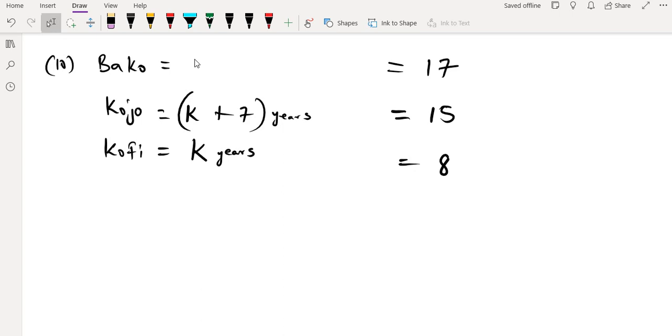How old will be Bako? Say it again. It is 2 plus Kojo's age. Whatsoever Kojo's age is, add 2 to it. Thank you. I know you can reason like them. It's not 2 plus K, it's 2 plus Kojo's age.